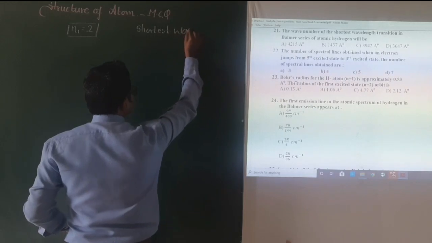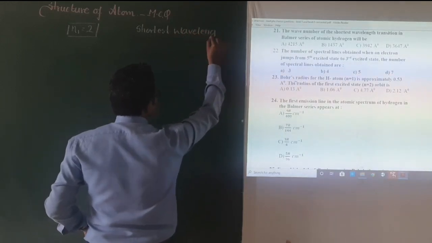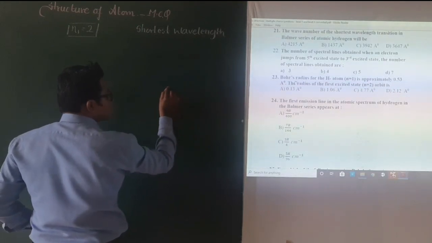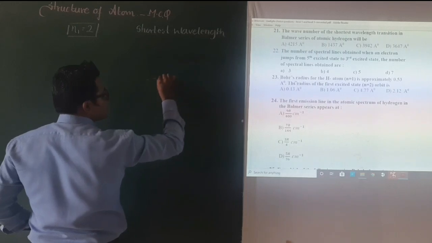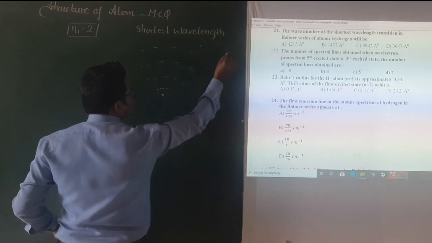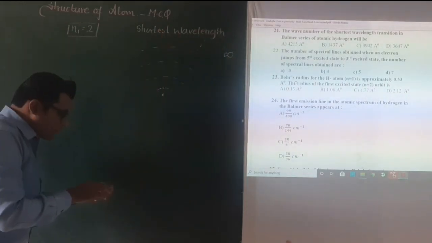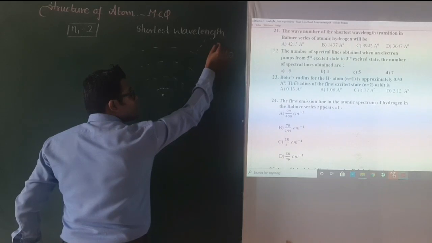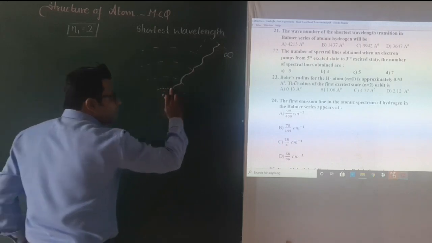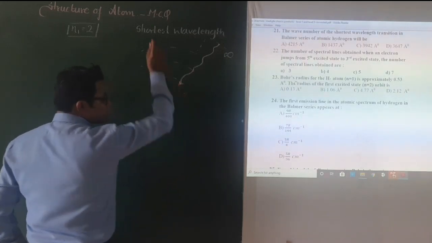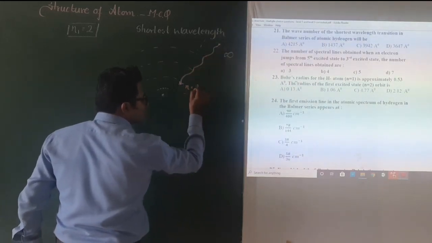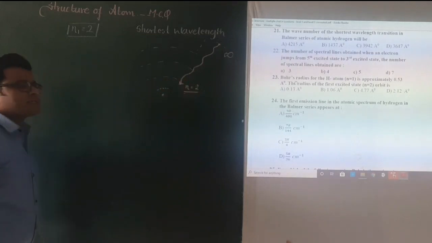wavelength given, in this particular condition, what we have to understand is, if we consider this point as the nucleus, this is shell number 1, shell number 2, shell number 3, 4, and so forth. Let's say this is infinity. Here the electron is going to be de-excited from an infinite shell to particularly shell number 2, because whenever the electrons are de-excited to n equal to 2, we get the Balmer series.